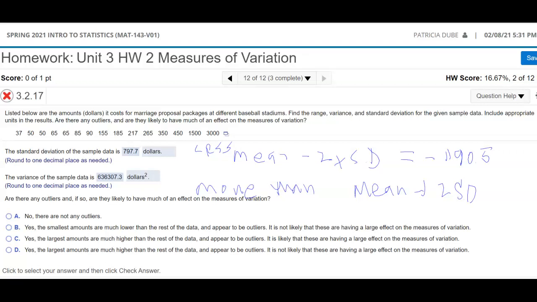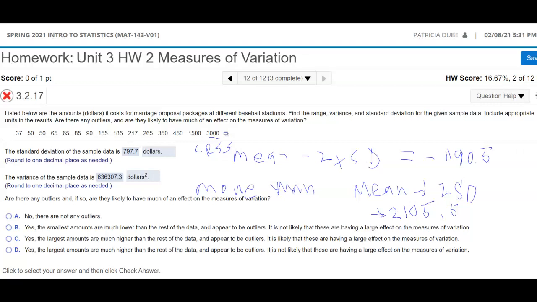But it turns out the mean plus 2 standard deviations, and I apologize for the crudeness here, is 2105.5. So I take the mean. If I look back at my StatCrunch, that was 457.5. Do I have any data points bigger than this? Yeah, I do. I have the 3,000. So, yes, the large amount.